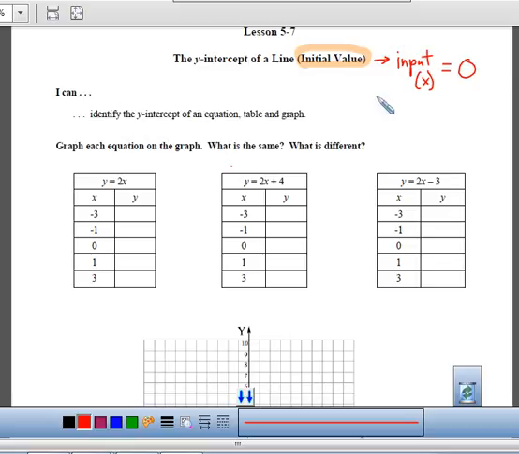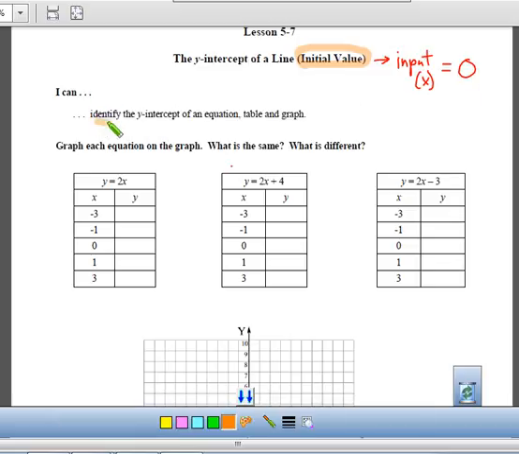Okay? So our target for this is I can identify the y-intercept of an equation, table, and graph. So no matter which model or which form of a linear function you're looking at, you should be able to spot the y-intercept or the initial value.